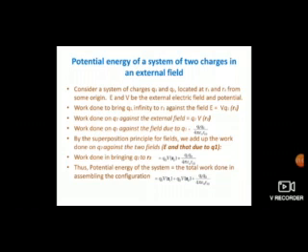So by the superposition principle, when we add up the work done on Q2 against the two fields, one is the external field, another one is the field due to Q1, we get the expression Q2V of R2 plus Q1 Q2 by 4 pi epsilon naught R12. Thus, the potential energy of the system is the total work done in assembling the configuration, that is work done due to Q1 and then work done against Q2: Q1V of R1 plus Q2V of R2 plus Q1 Q2 by 4 pi epsilon naught R12.